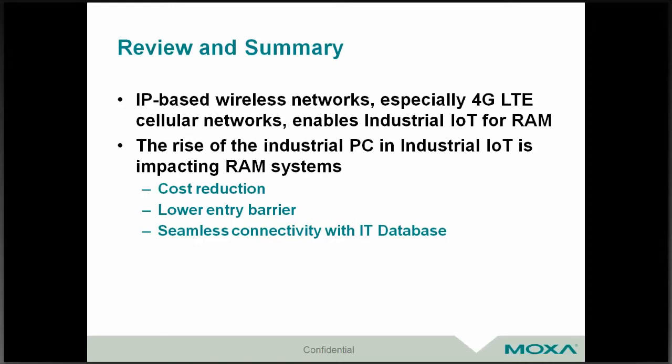The second important message I want to present to you in this webinar is the industrial PC in IoT is going to be the major force driving industrial IoT in the oil and gas, water, wastewater, and power industry because the cost is lower, the entry barrier is lower, and it allows a seamless connectivity with the IT database.